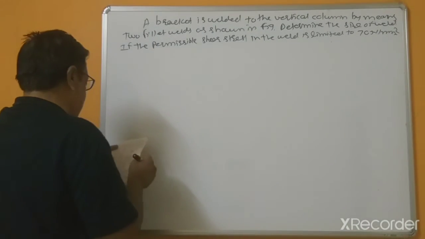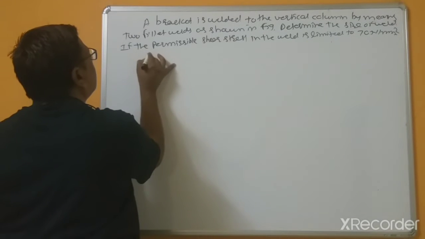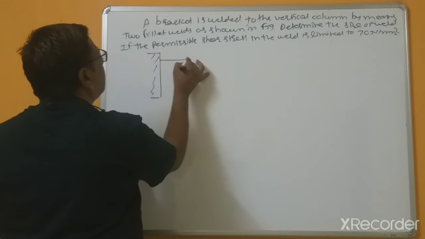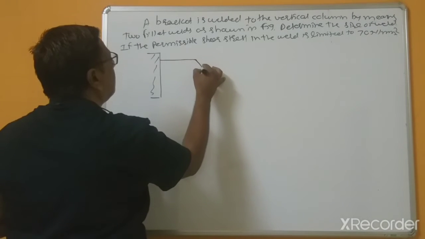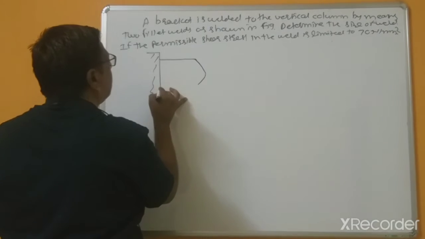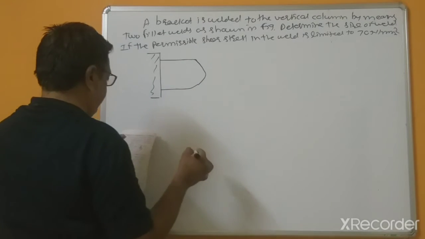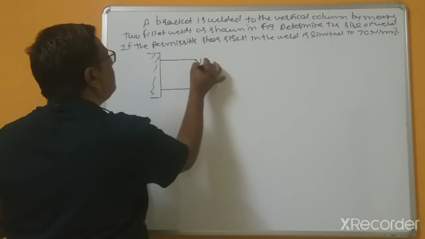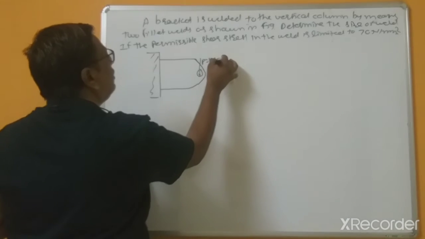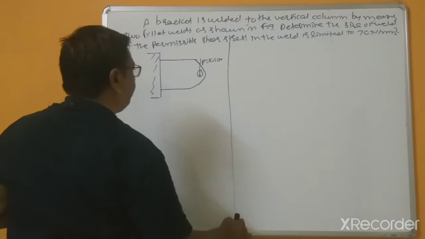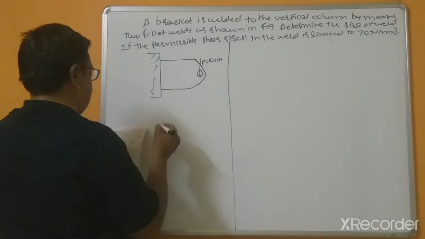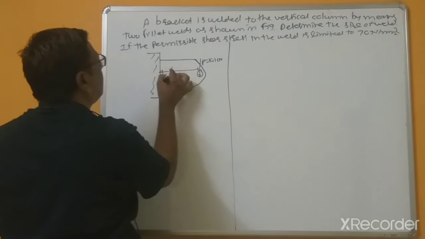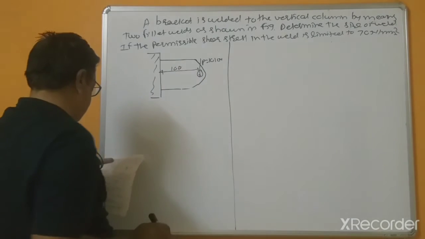Figure given. This is the wall, bracket, this force is P equals 10 kilo Newton and this distance equals 100.